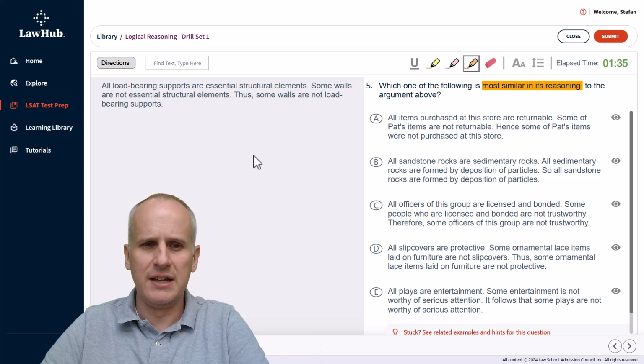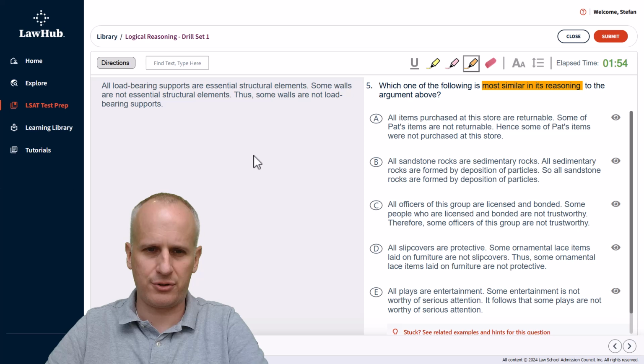So starting again, all load-bearing supports are essential structural elements. Okay, so technically, if it's a load-bearing support, it's an essential structural element. Some walls are not essential structural elements. So this is actually the beginning of a correct contrapositive, because you would negate some walls are not essential structural elements to be the opposite of are essential structural elements.